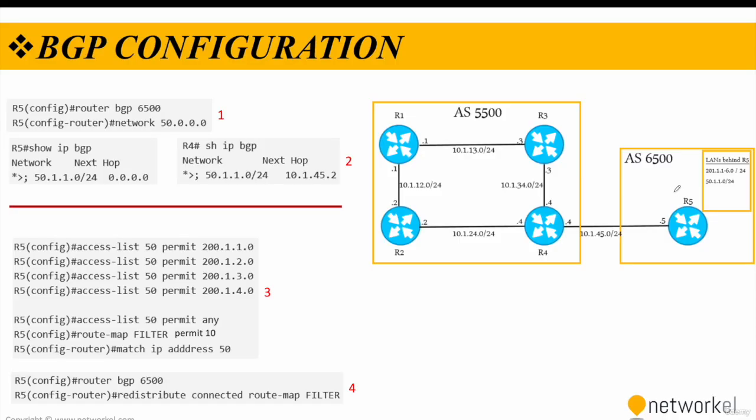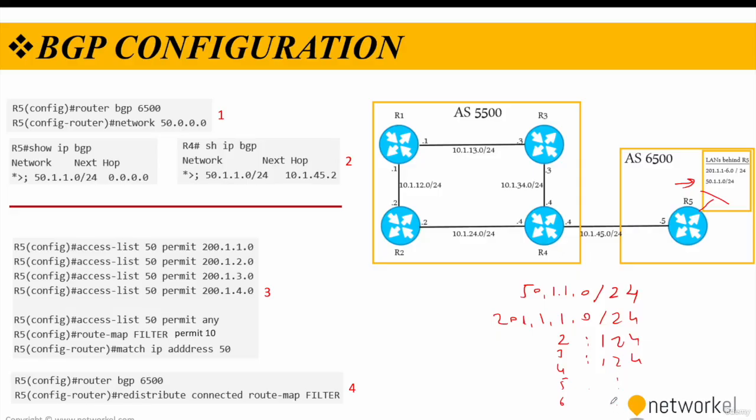So for example, let's have a look at router 5. Router 5 is connected to some other local area networks, okay? And they are 50.1.10/24, this one, and 201.1.10/24, 20, 30, 40, 50, 60 /24 as well.